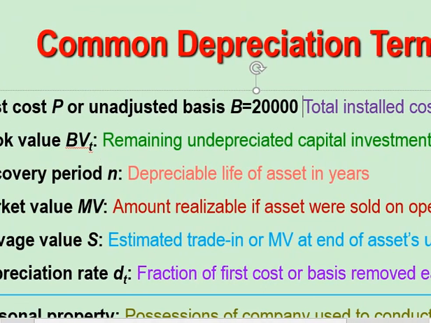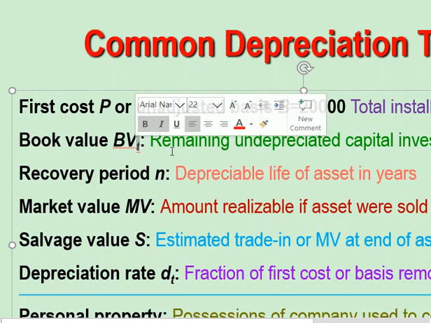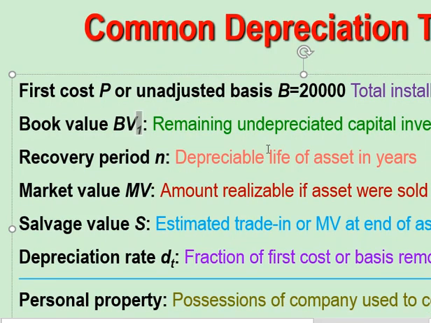After 1 year, how much is it? T is per year, so the unit is year. After 1 year, we have something we call book value after 1 year, BV1. After 2 years, it will be BV2 and so on. This is the book value.